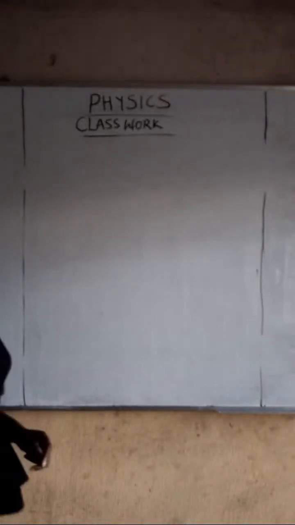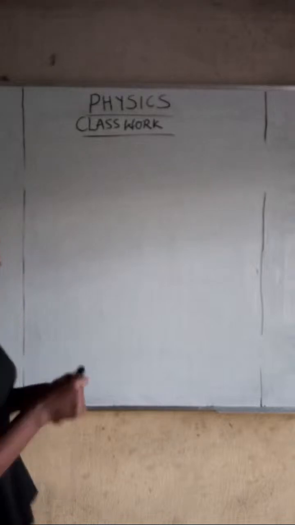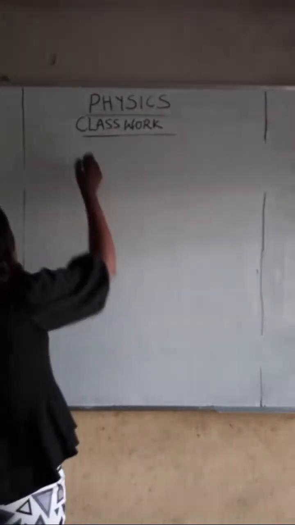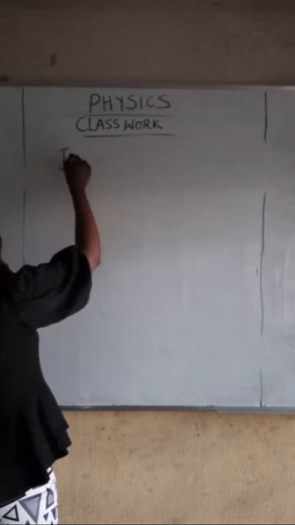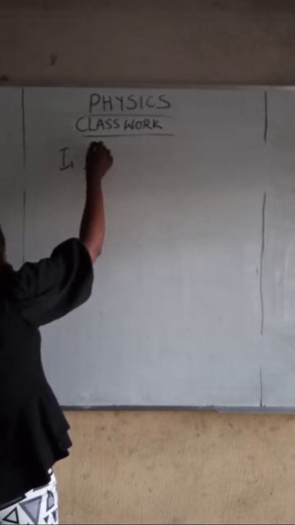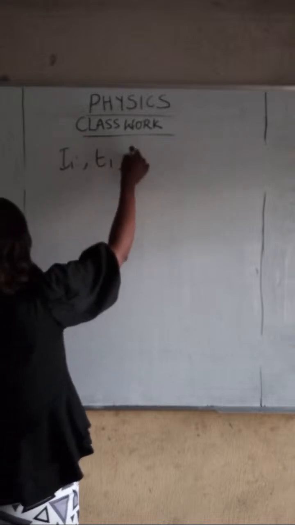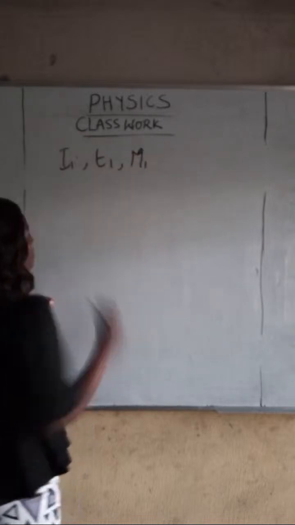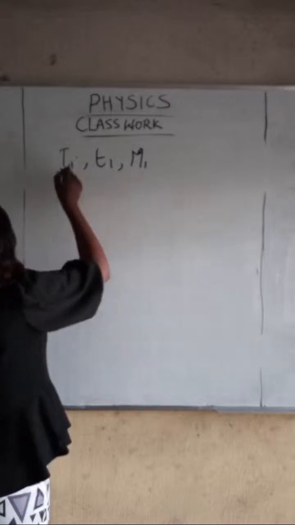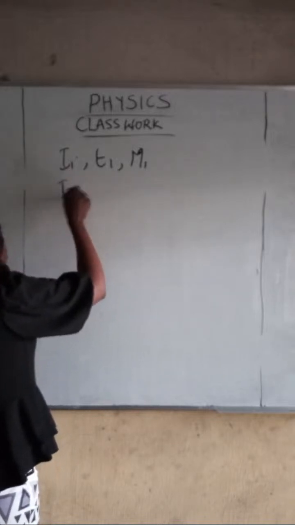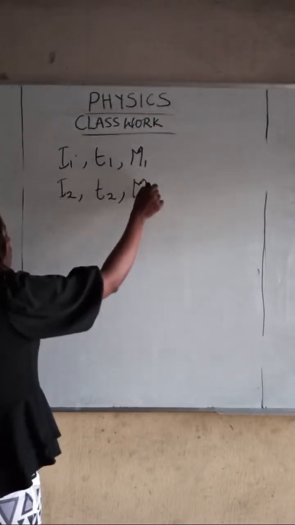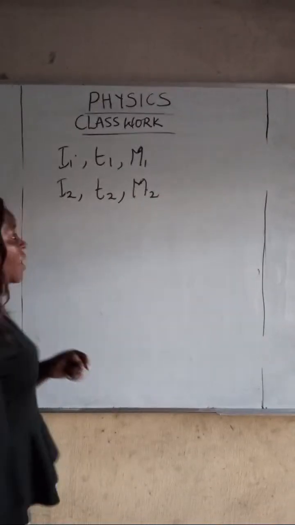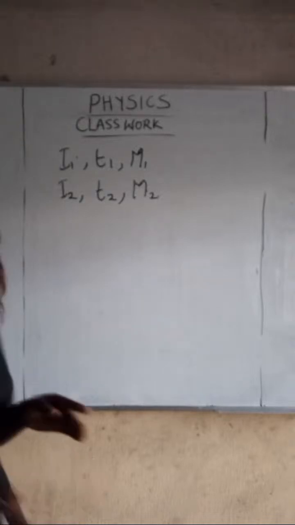I was trying to tell you that when you are comparing two things from that particular question, we are given the first current, the first time, and the first what? Mass. Now, we are also given the second current, the second time, and we are asked to find what? The second mass. This is what I mean by comparison.